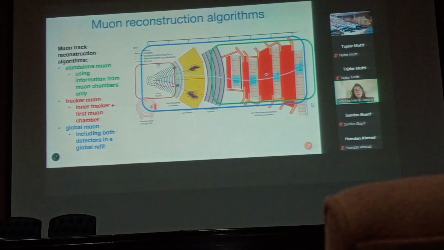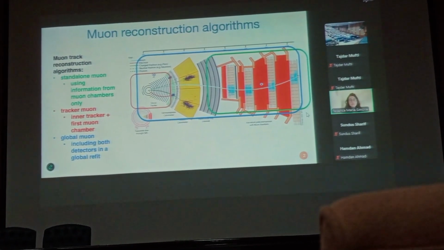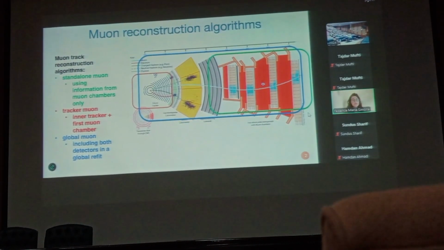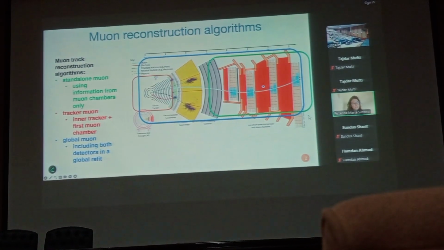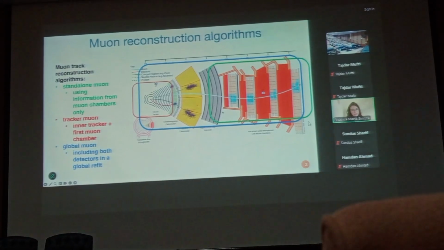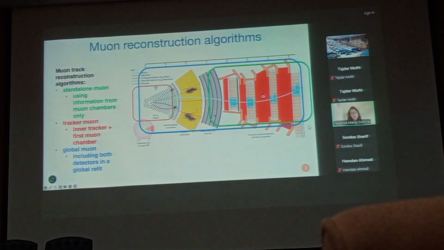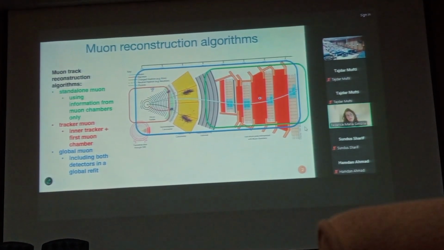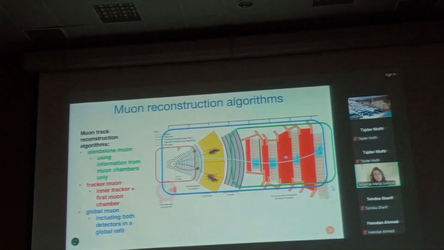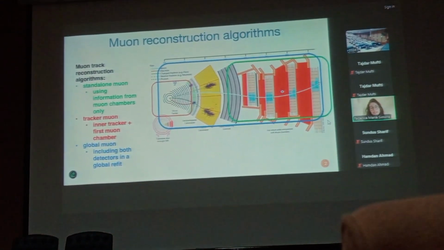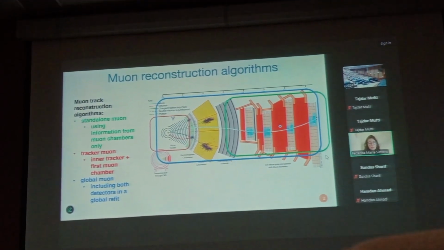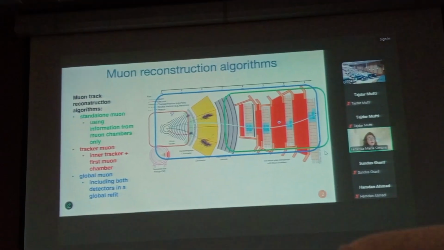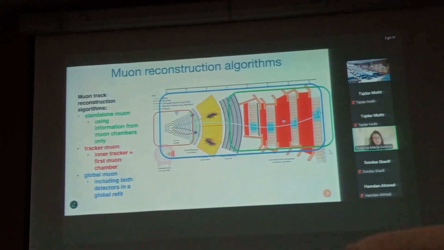There is a separate family of algorithms for very displaced muons, meaning muons that are produced by long-lived particles, so they can basically be produced anywhere in the detector. So this displaced muon use case requires dedicated reconstruction. I won't have time today for discussing this, but if anybody is interested, I can of course point to the relevant papers and material.